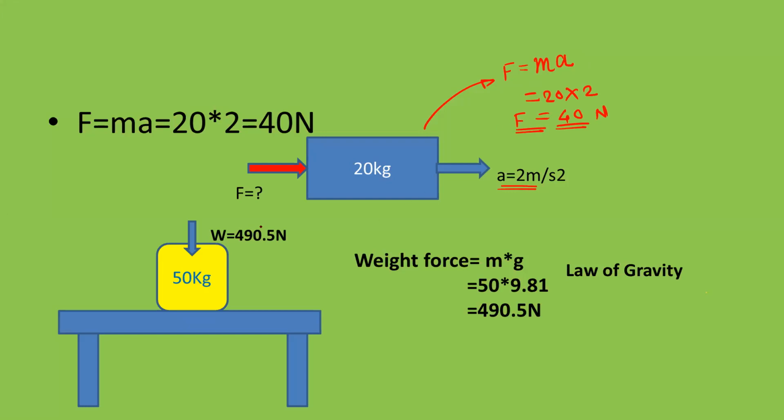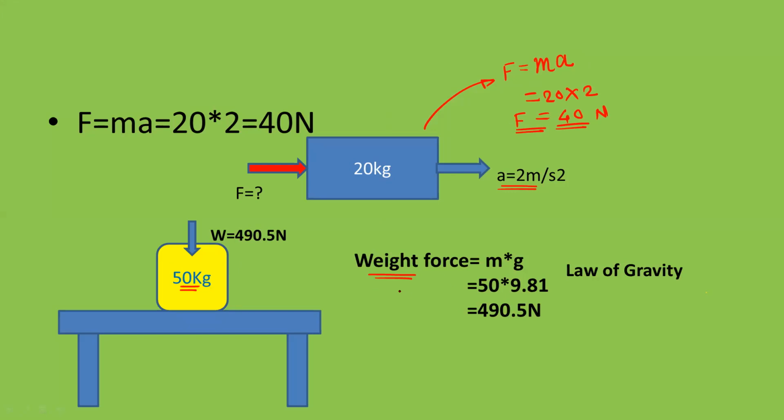So second example, where one object having mass 50 kg is kept on a table and we want to find out the weight force. So weight force is because of the acceleration due to gravity.